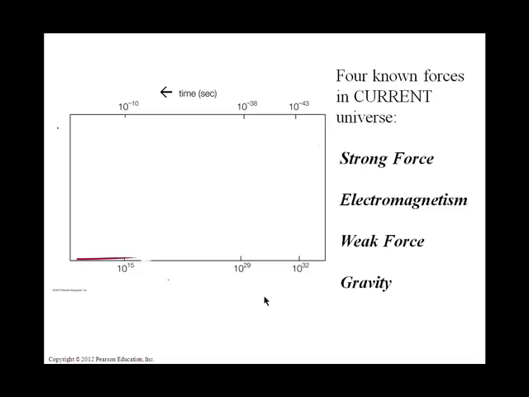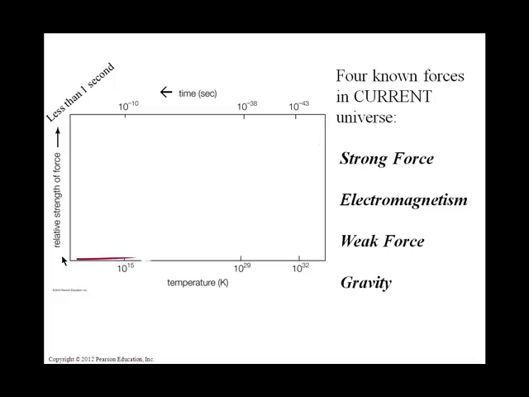So time is increasing from right back to left. Time over here is still less than 1 second after the Big Bang. Is that crazy or what? Also along the x-axis, from left to right, we can see decreasing temperatures, the universe cooling off.